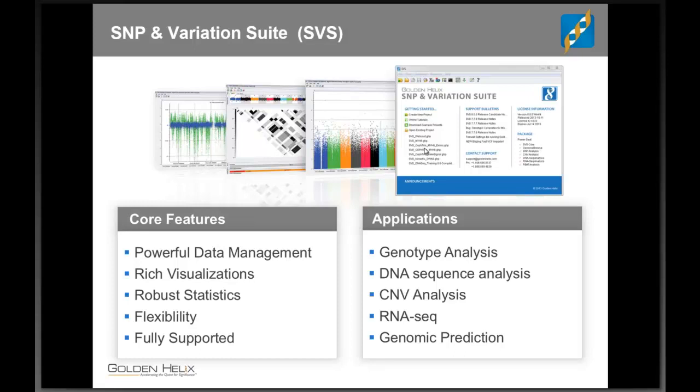You'll find that SVS has very useful and powerful features for data management, visualizations, robust and fully supported statistical methods. And as we go along today, we'll see a flavor of some of that and learn how it can be used for genomic prediction as well.